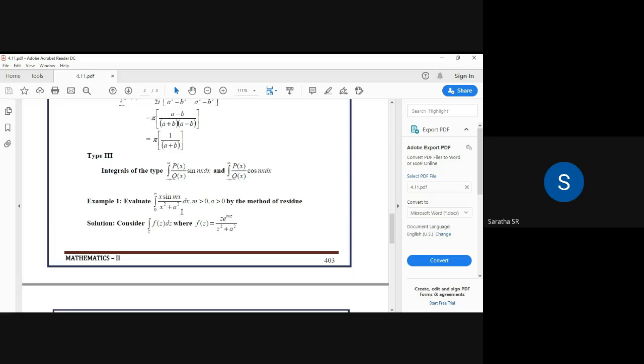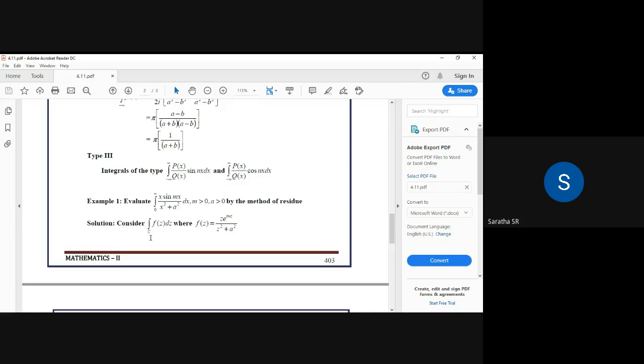Like type 2, here we are replacing x by z. So we are taking both assumptions. For this case, we have to replace x by z first. That is our first assumption. If you replace like this, here we'll get integral over c of z sin mz divided by z square plus a square dz.